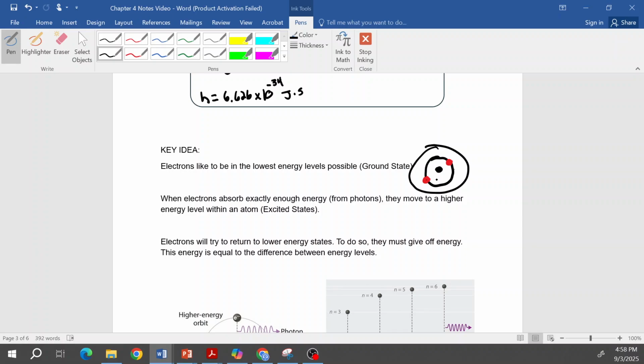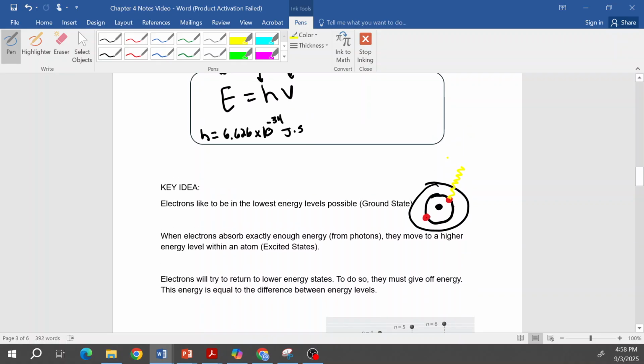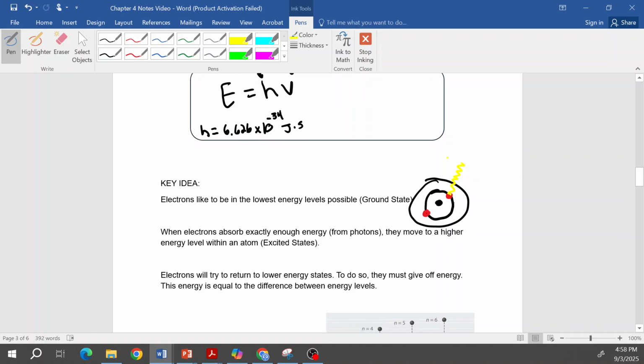Now, sometimes an electron is going to absorb a photon. So light is going to hit one of those electrons. And we know that light has specific energy by that formula above. Light has energy equal to the Planck constant times its frequency.